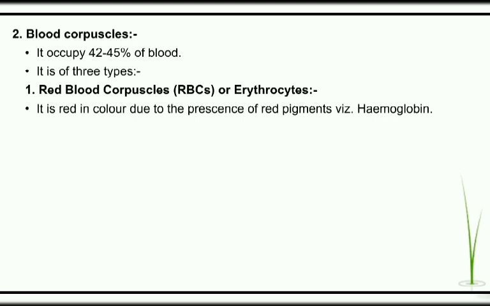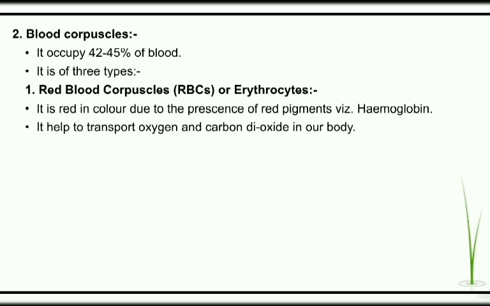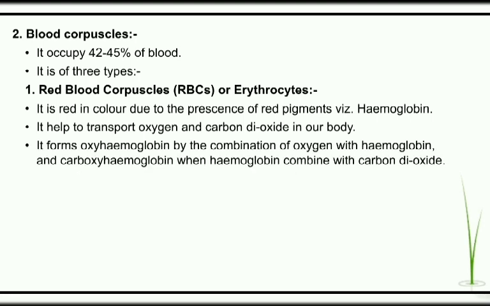A red pigment, hemoglobin, helps to transport oxygen and carbon dioxide in our body. When hemoglobin binds with oxygen, that is called oxyhemoglobin, and when it binds with carbon dioxide it is called carboxyhemoglobin. So oxyhemoglobin is formed by the combination of oxygen with hemoglobin, and carboxyhemoglobin when hemoglobin combines with carbon dioxide.